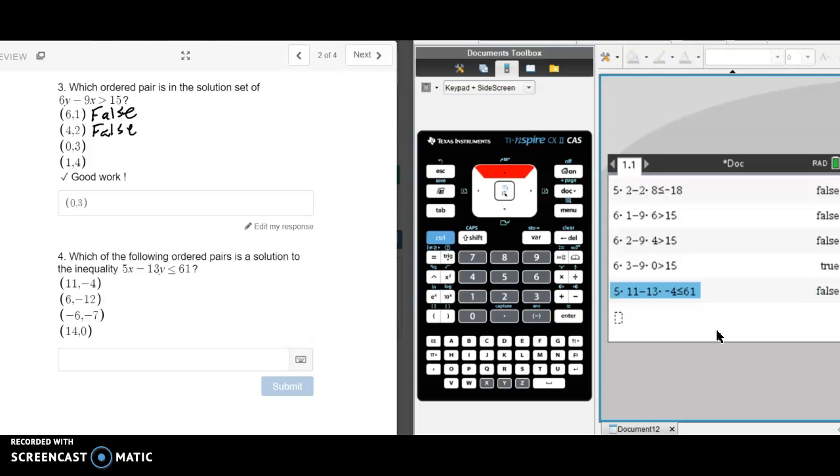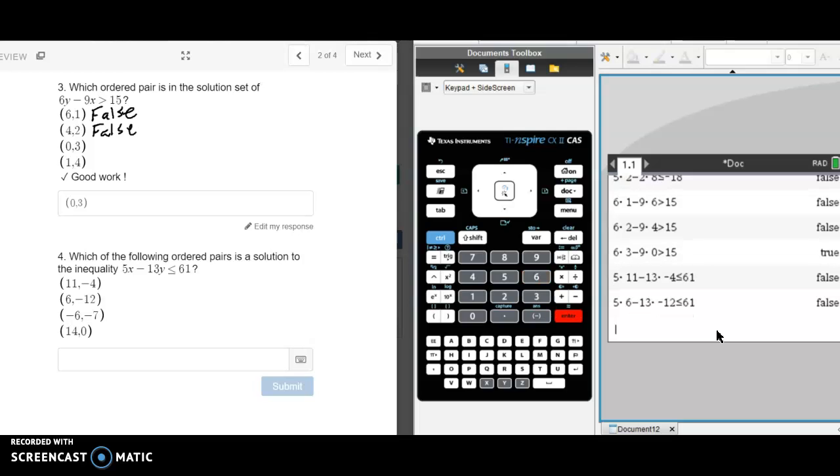I go up, up, enter, copies it for me. Now my new Y is negative 12. My new X is 6. Put in my 6. Hit enter, false. So I got to do it again. Go up, highlight it, hit enter.